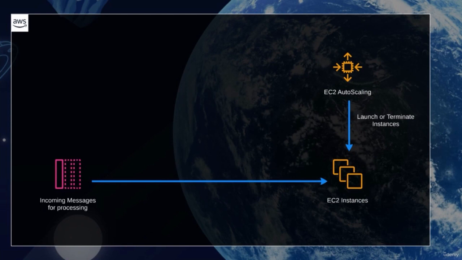It's not a web server, it's processing messages as they come in, and those messages could have information on an image that needs to be processed, or a video that needs to be processed, or a cryptography problem that needs to be solved. Those messages come in, and as the number of messages coming in increases, then the auto-scaling group will also add more instances to cope with that increasing demand.